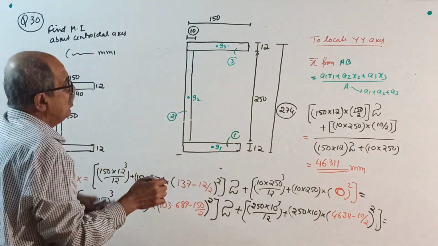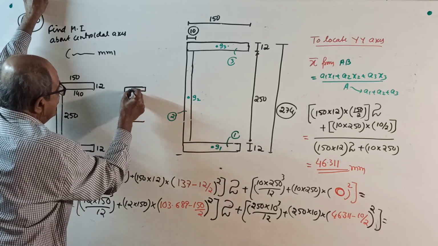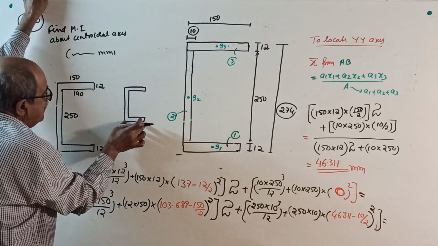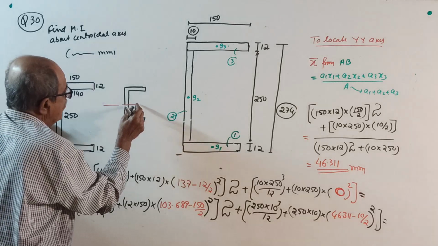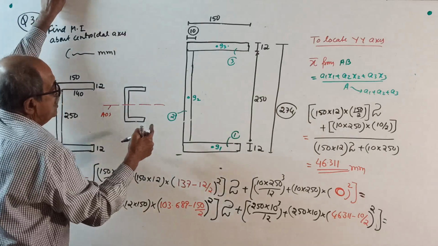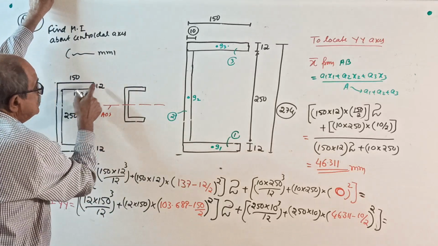Now, make one more note. This channel section: this width equals this width, and this thickness equals this thickness. So it is symmetrical about the x-axis. This is the axis of symmetry. Total depth is 274. How did you get it? 250 plus 12 plus 12.